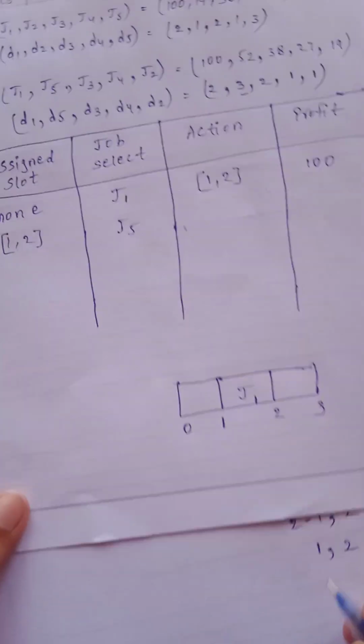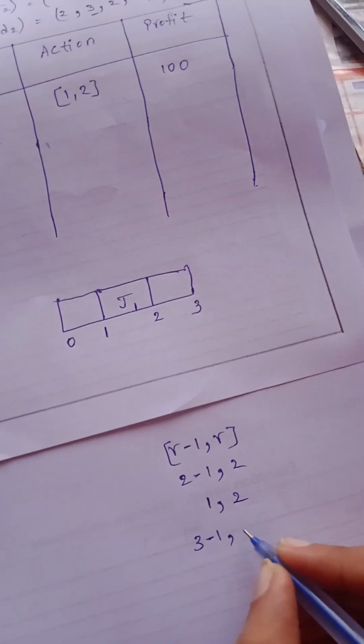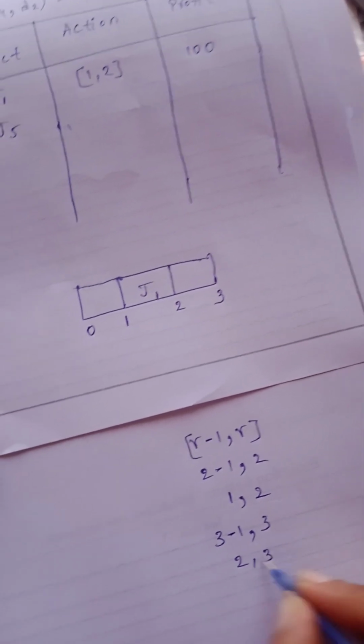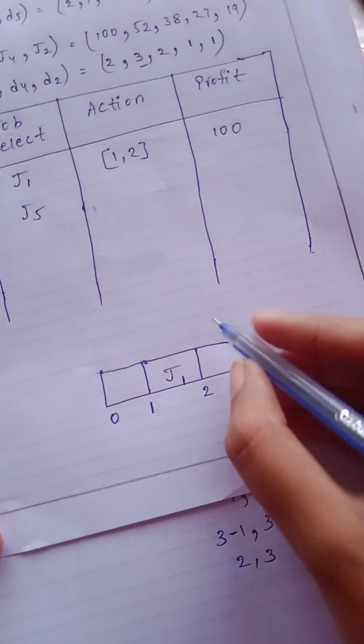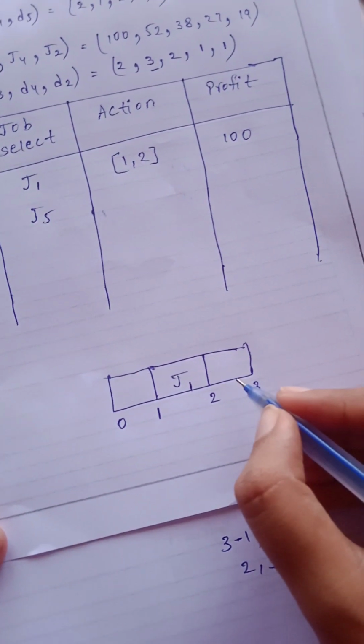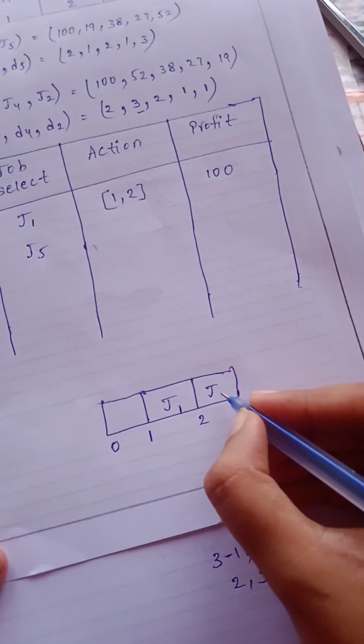So 3 minus 1 comma 3, that is 2 comma 3. Here 2 comma 3 is completely free, so we assign that slot to J5.